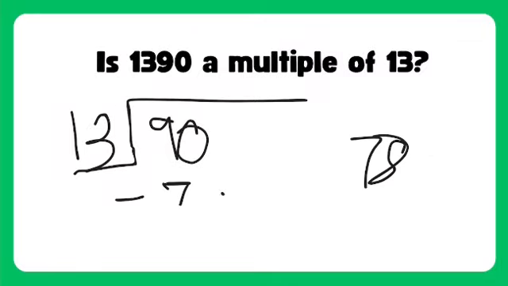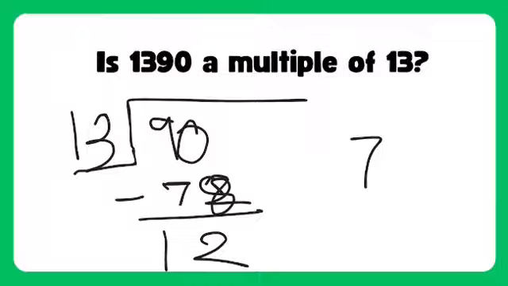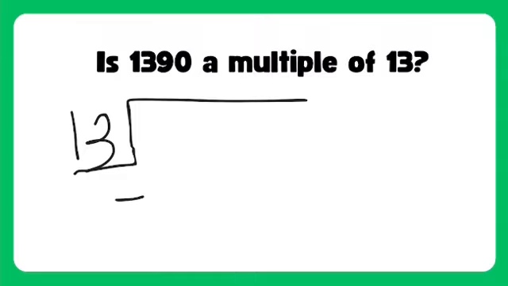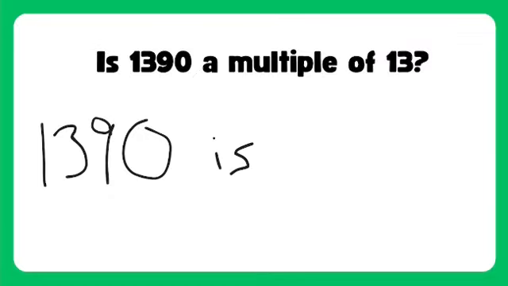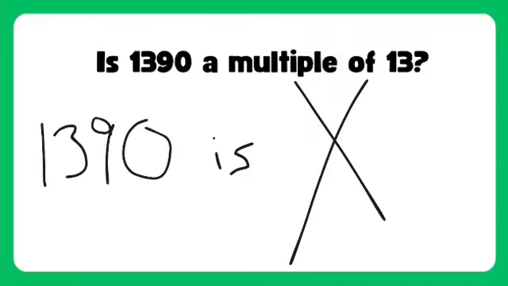So we can subtract 78 from 90, which will give us 12. Now since we have 12, we are going to be getting a decimal answer. So 1390 is not a multiple of 13.